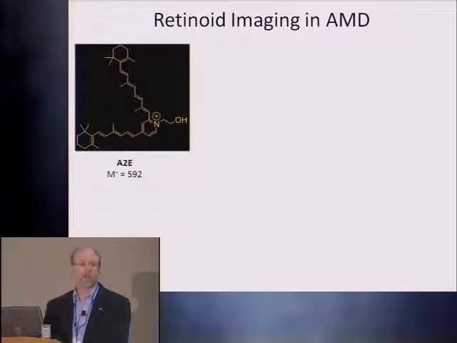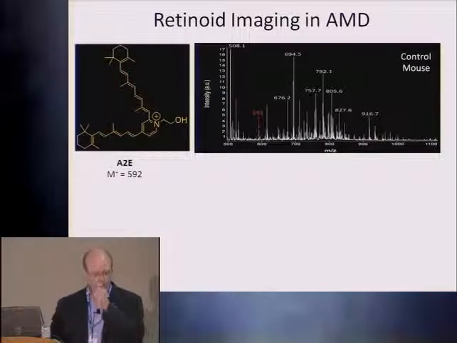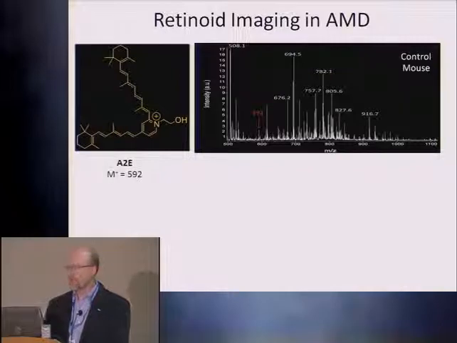So the question is, where is it in the retina? The first thing we did was look at a mouse model of AMD. In the control mouse, in that particular flat mount preparation, sublimating dihydroxyacetophenone as the matrix, we see a signal at 592, shown in red here, and lots of lipids.